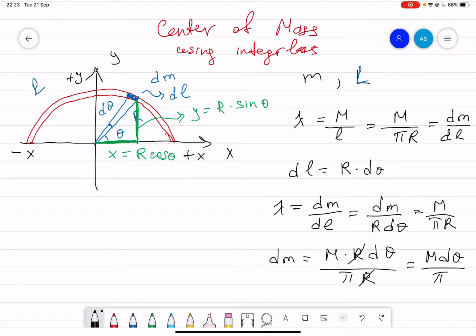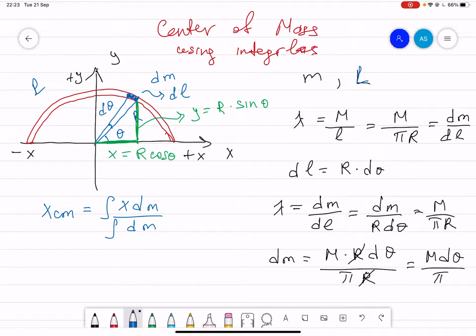Then we know the general formula for finding the center of mass: x center of mass is equal to the integral of x dm divided by the integral of dm.